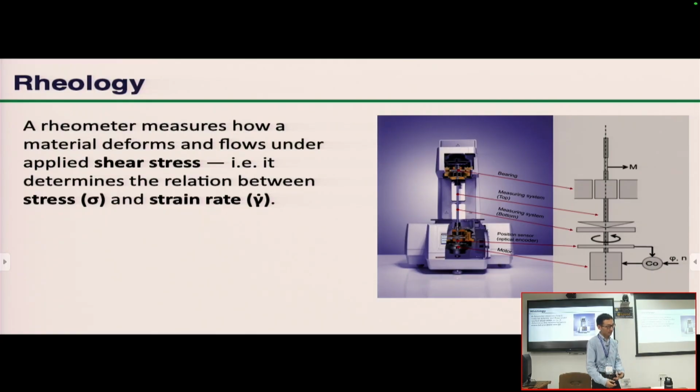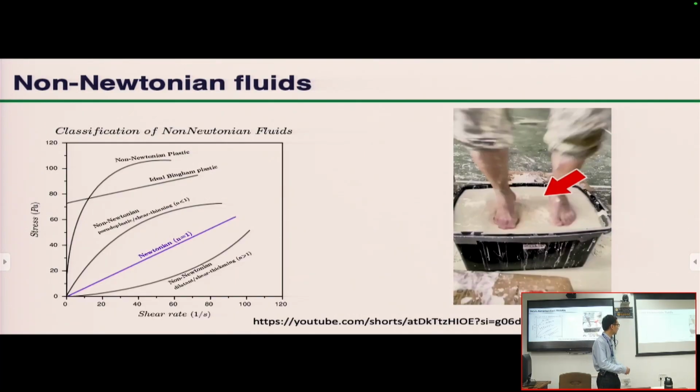That's a typical experimental measurement you can do. Using rheology, you can quantify materials into different categories, especially for fluid media. Here's a stress versus shear rate graph. The one we're most familiar with is the Newtonian fluid, which means the slope of this curve is a constant.